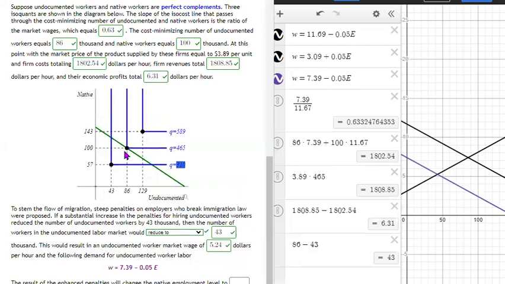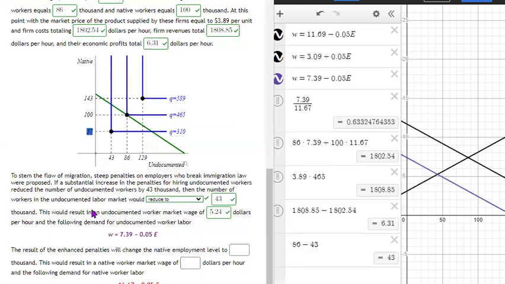So the new output will be 310. We'll hire 43,000 undocumented workers and 57,000 native workers. So the enhanced penalties change the employment level of native workers to 57,000.